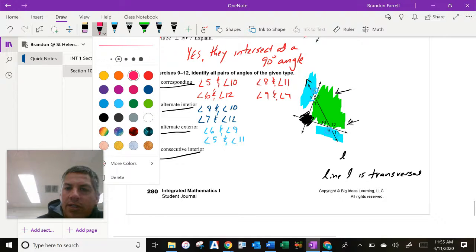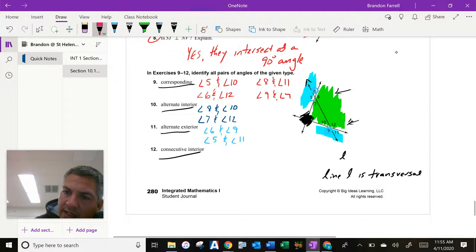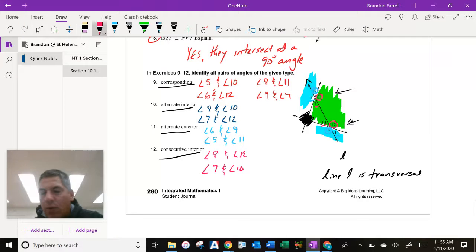I'll try to use a contrasting color. Consecutive means the same side. So 8 and 12 are consecutive interior, angle 8 and angle 12. And then finally, consecutive interior angles 7 and 10. So interior, same side. That's what we're looking at there.